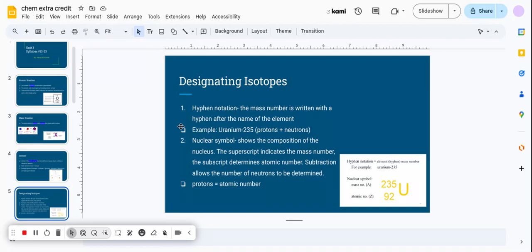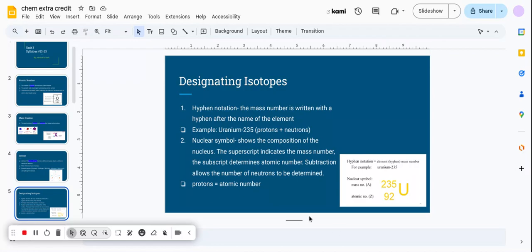And then the second way you can designate isotopes is called the nuclear symbol way, and that shows the composition of the nucleus. So the superscript indicates the mass number, the subscript determines atomic number, and then subtraction allows the number of neutrons to be determined. And as I said previously, protons and atomic number are the same thing.